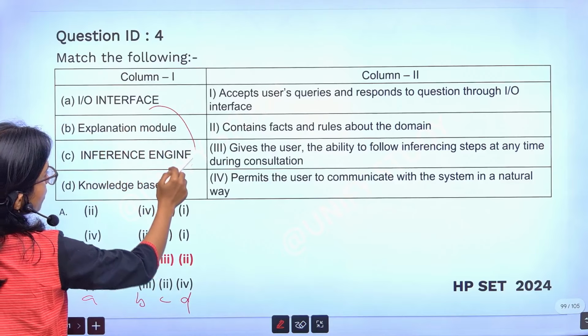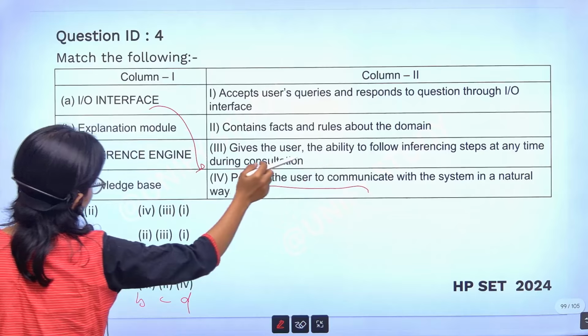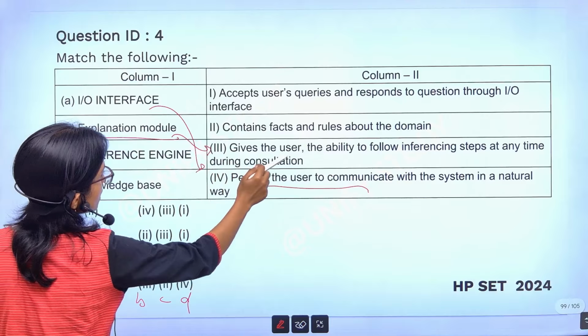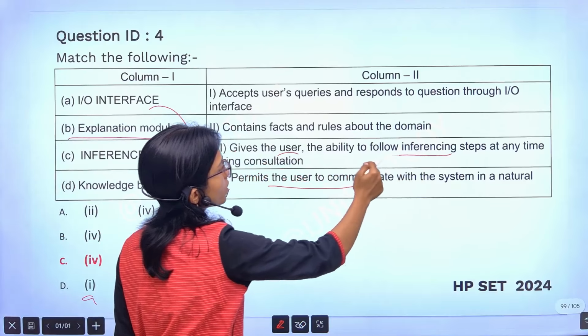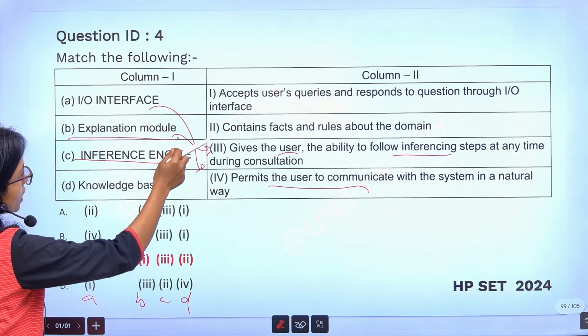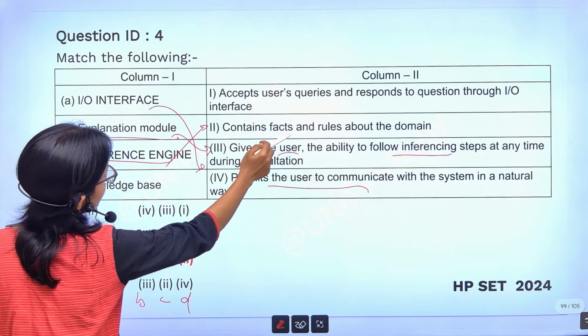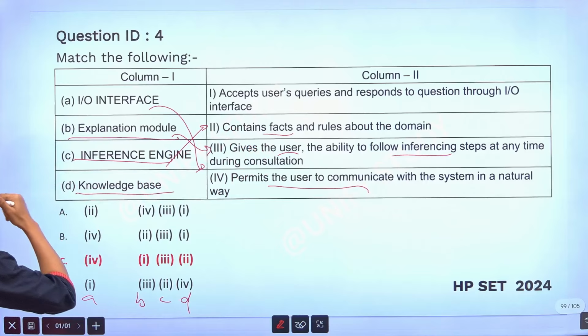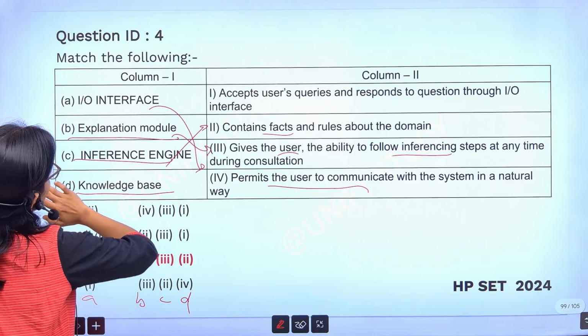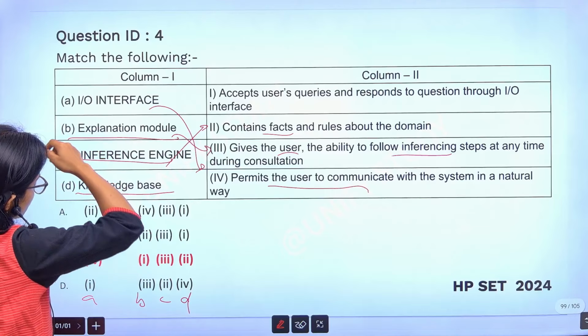Here the IO interface permits the user to communicate, A with 4. The explanation module gives the user the ability to follow the inference steps. And the inference engine contains the facts of the domain. And knowledge base is... So here, IO interface.